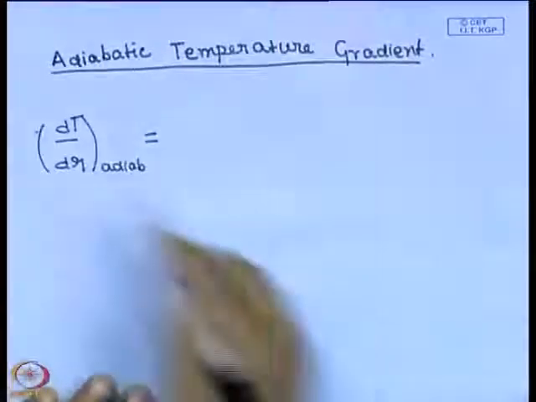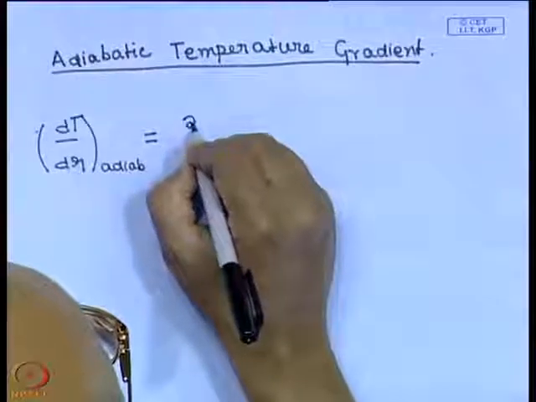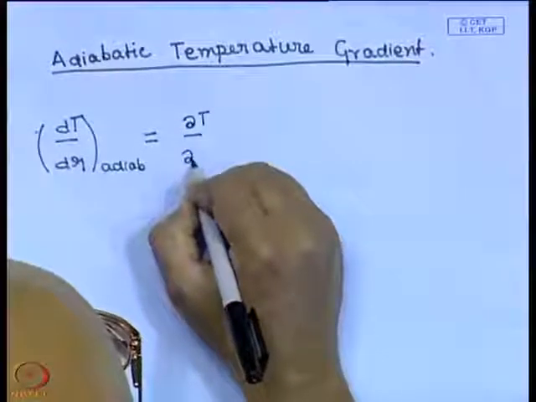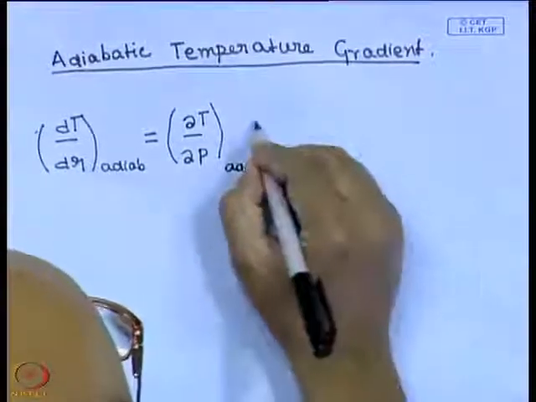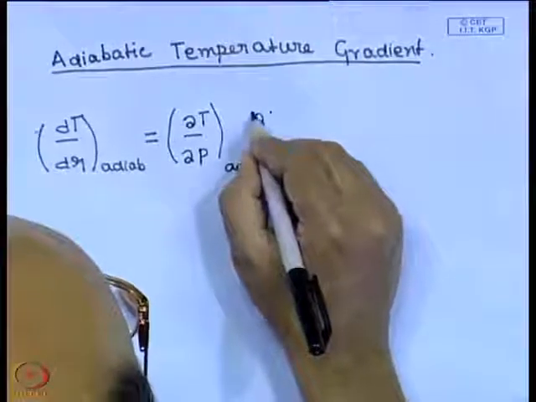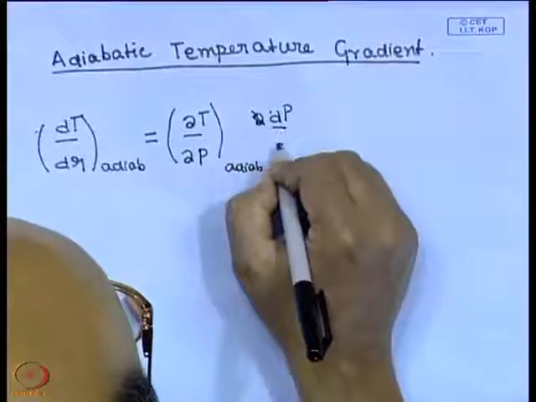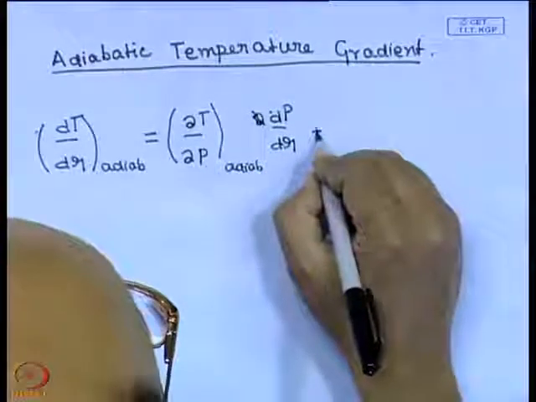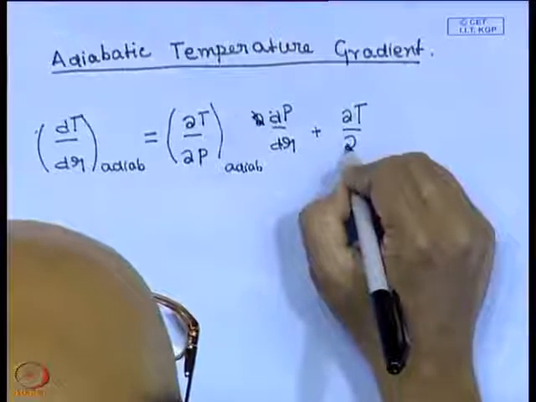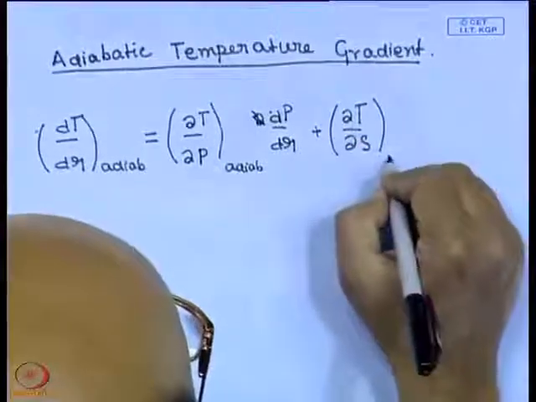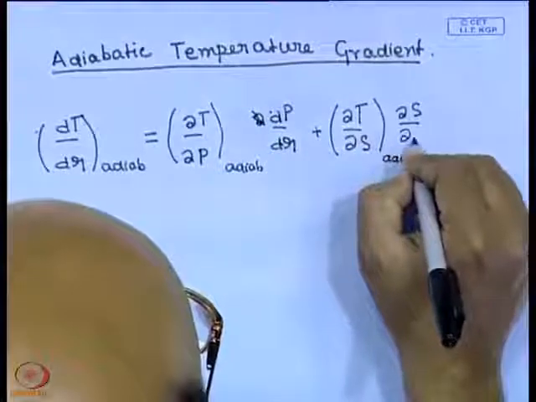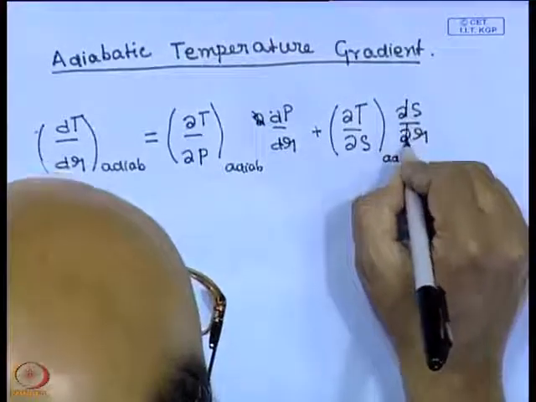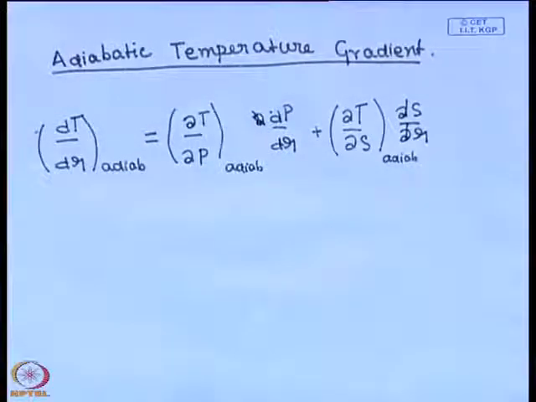So then this derivative can be written as (∂T/∂P) adiabatic into dP/dr, plus (∂T/∂S) adiabatic into dS/dr. The entropy and the pressure are state variables, they vary with r.